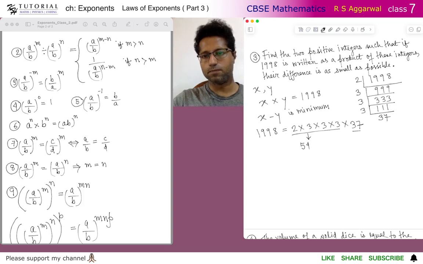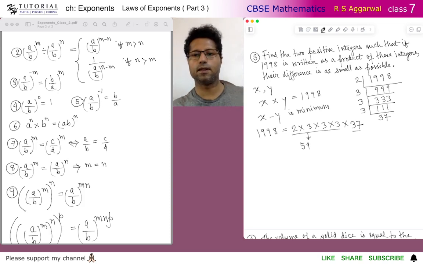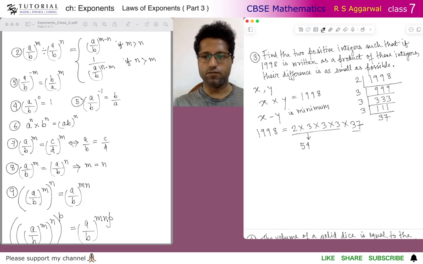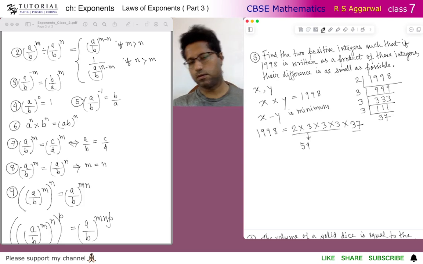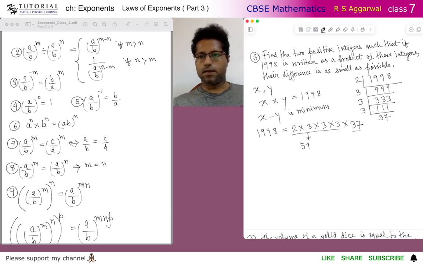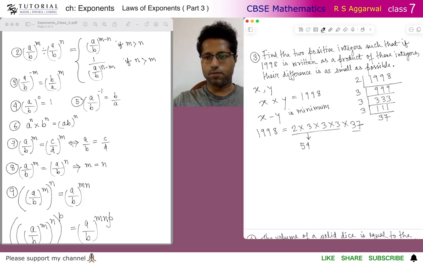Now 54 multiplied by 37 is definitely 1998, but is there any other way we can find two factors whose product will be 1998 and the difference is minimum? I cannot factorize 37 any further.